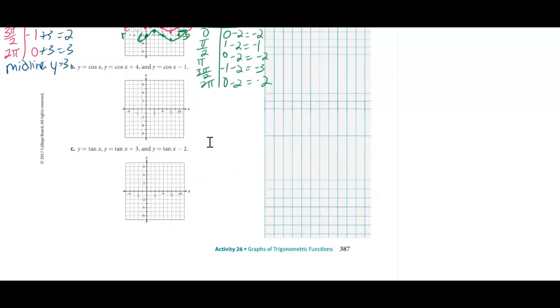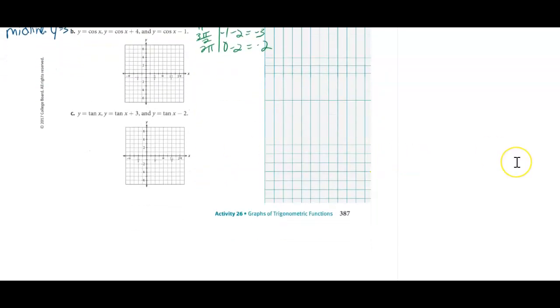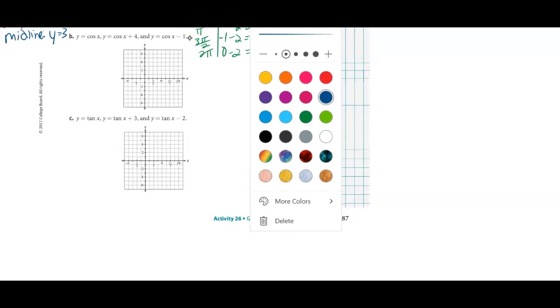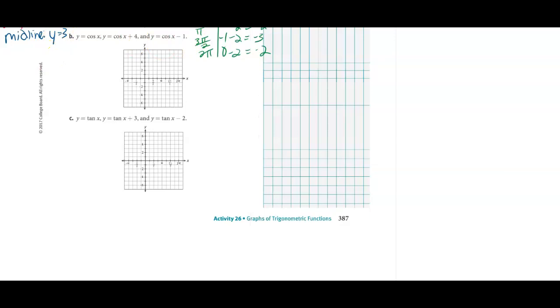Alright, so for cosine, we're going to just erase part of that sine so it's not in our way here, maybe.